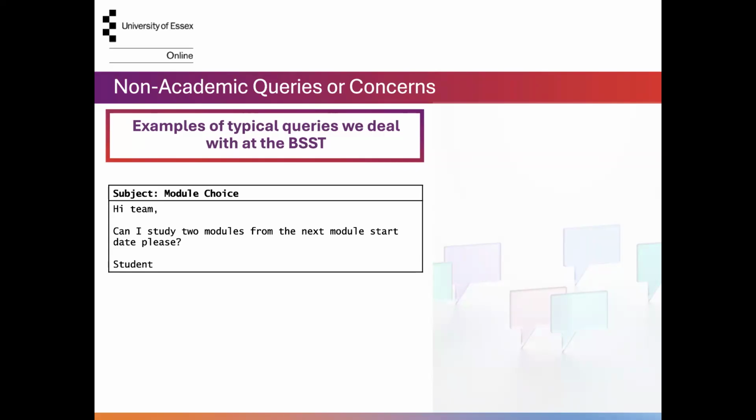That means 2 modules at the same time. Students are welcome to request doubling up, but do note that this is dependent on your module availability and eligibility. Alternatively, you can also respond if you have been automatically scheduled to study 2 modules at the same time, but you don't wish to double up.